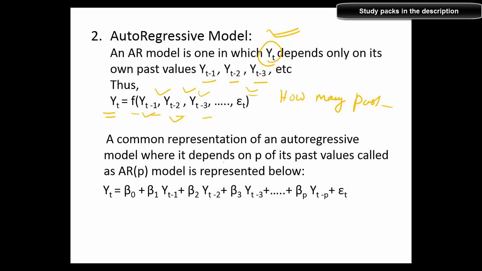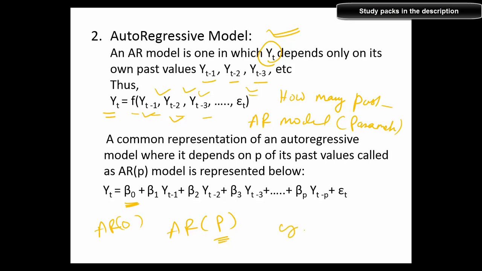The common representation of the model is what we call the autoregressive model. The autoregressive or AR model is always with a parameter. So when we say AR(p) model, that means there are p parameters. If you have only the constant, and all the other terms are 0, then this is an AR0 model.